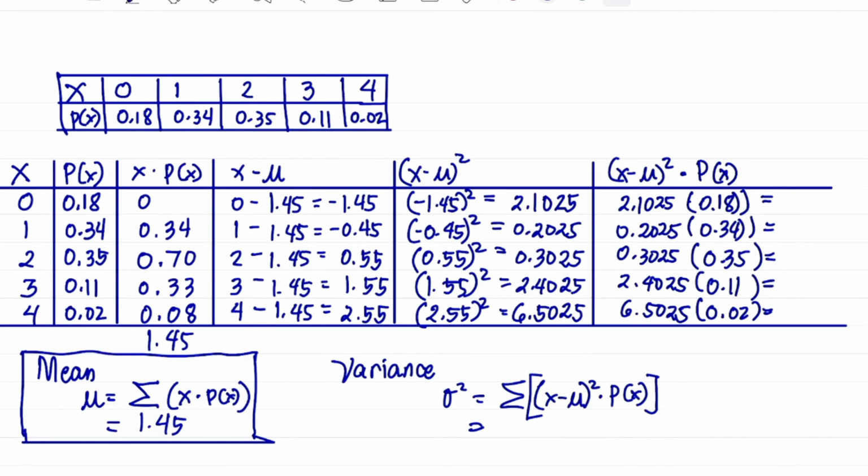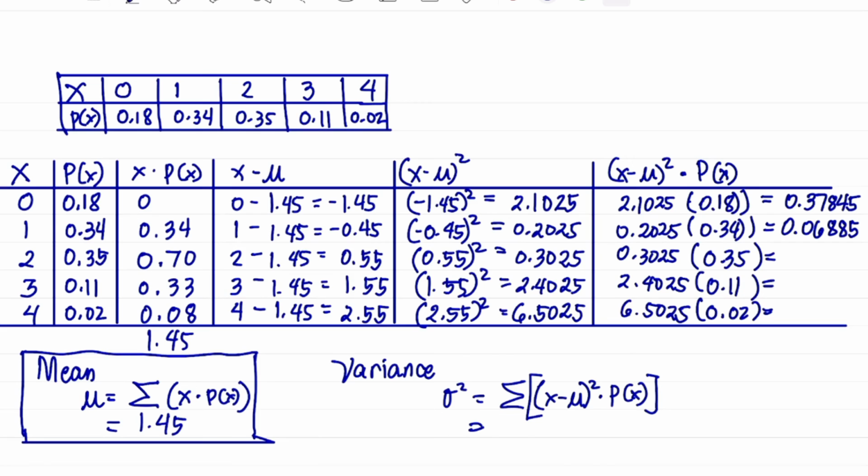2.1025 times 0.18. So the answer is 0.37845. Next, 0.2025 times 0.34, that is 0.06885.